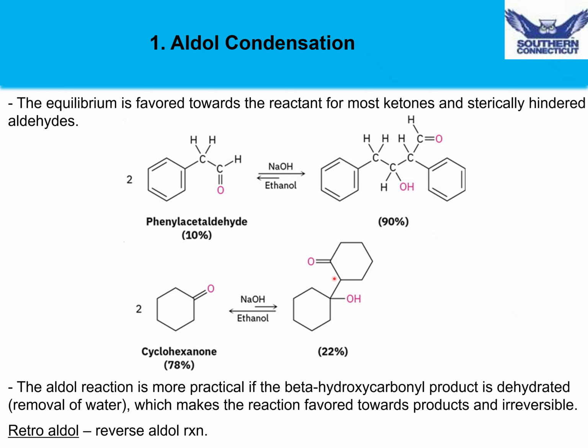Overall, we are eliminating essentially a water molecule, and removing that water molecule from the aldol product actually pushes the reaction towards the product. And so that's one way to make the aldol reaction a practical reaction in the lab.